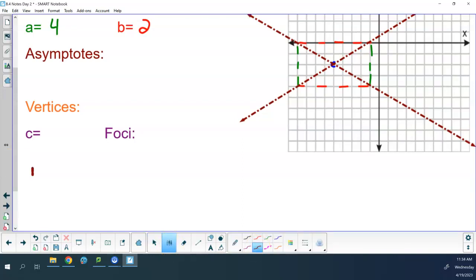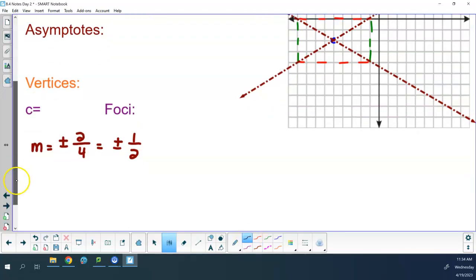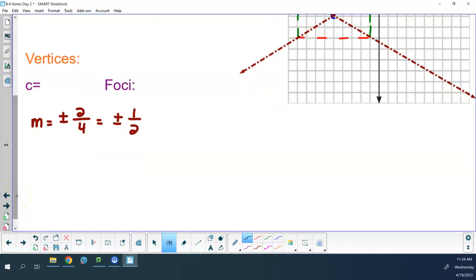So the slopes of the asymptotes are going to be plus and minus b over a, which reduces down to plus or minus 1/2. Okay? So then I've got two different ones to go with. Both go through the center, which again was (-5, -2).